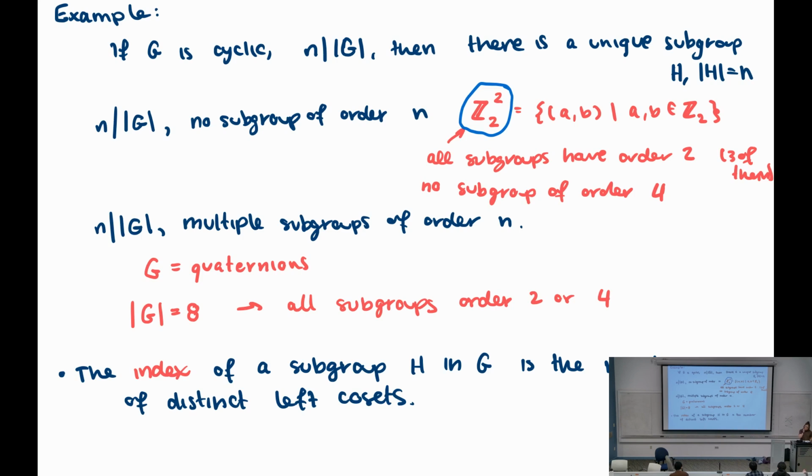And this is a useful idea because often your subgroup H and your group G will be infinite, but the index will be a finite number. So then you are able to talk about the index, which is a finite quantity.